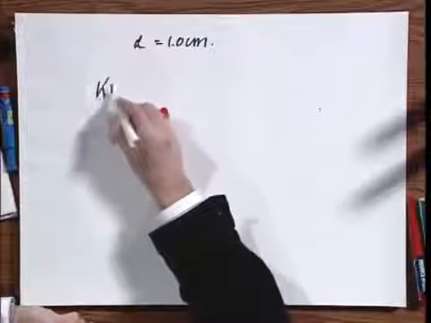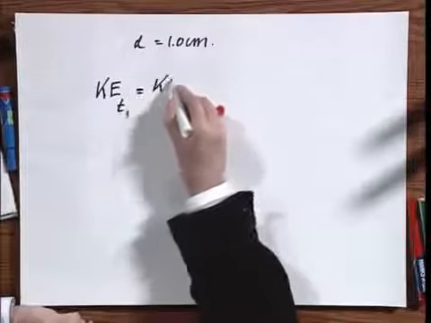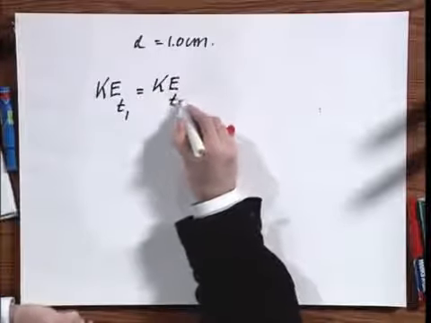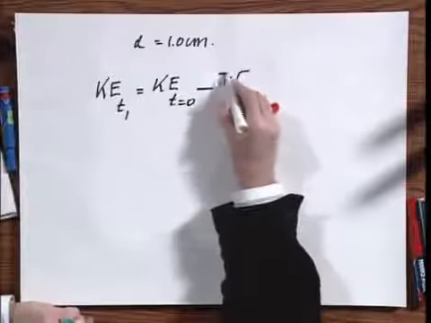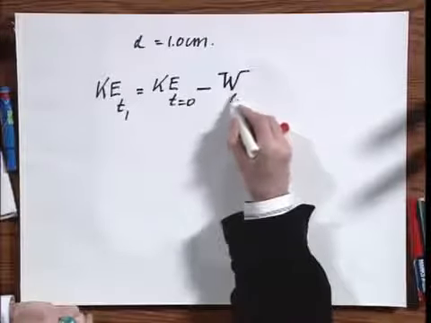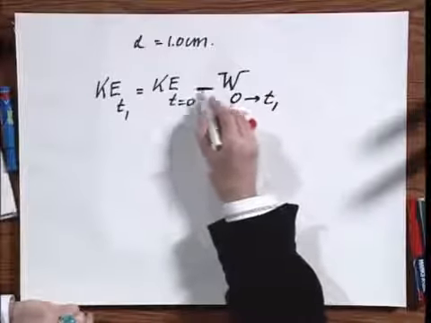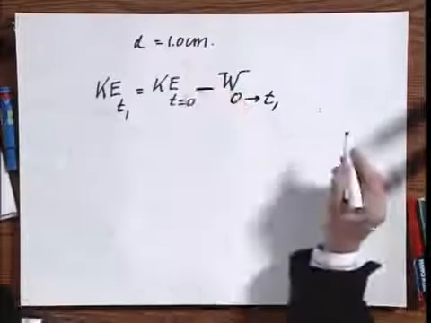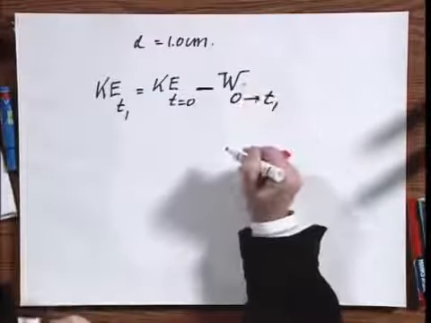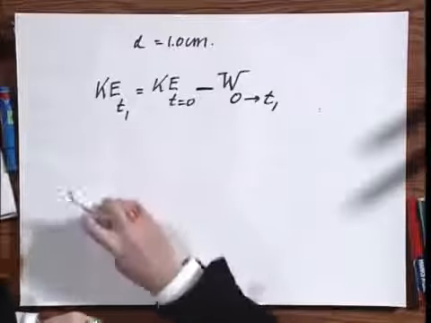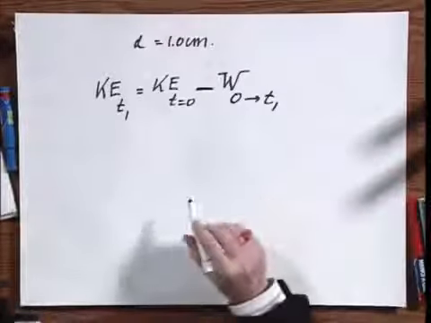Well, the kinetic energy at any moment in time t1 equals the kinetic energy at time t equals 0 minus, if there is negative work done, the work that is done between time 0 and t1 on the electron in this case. And it's the electric field that is doing work, and the work is negative because F is in this direction and ds is in this direction as it moves out.